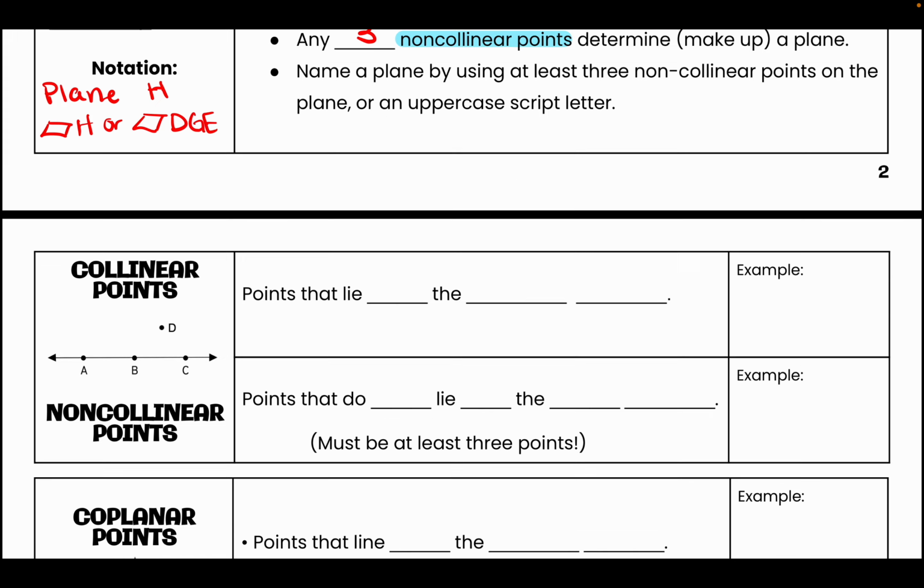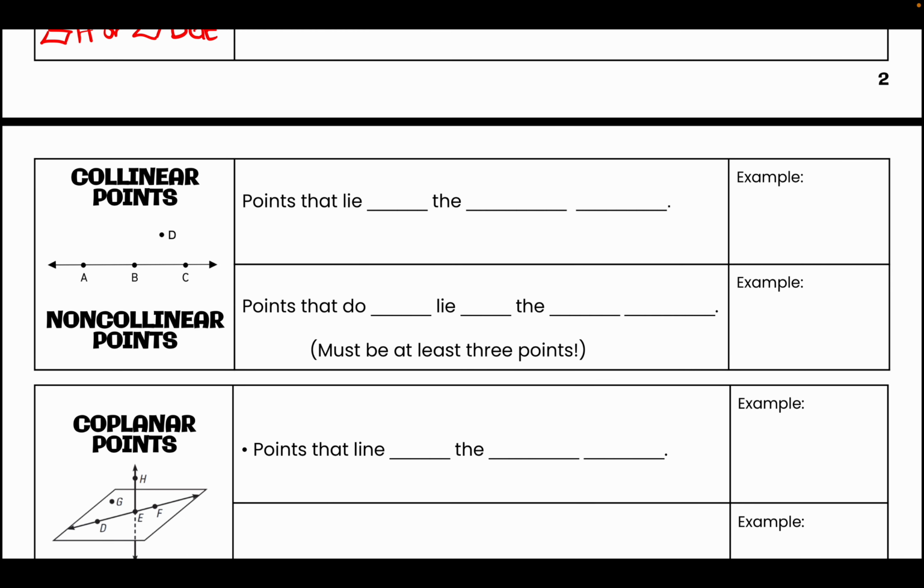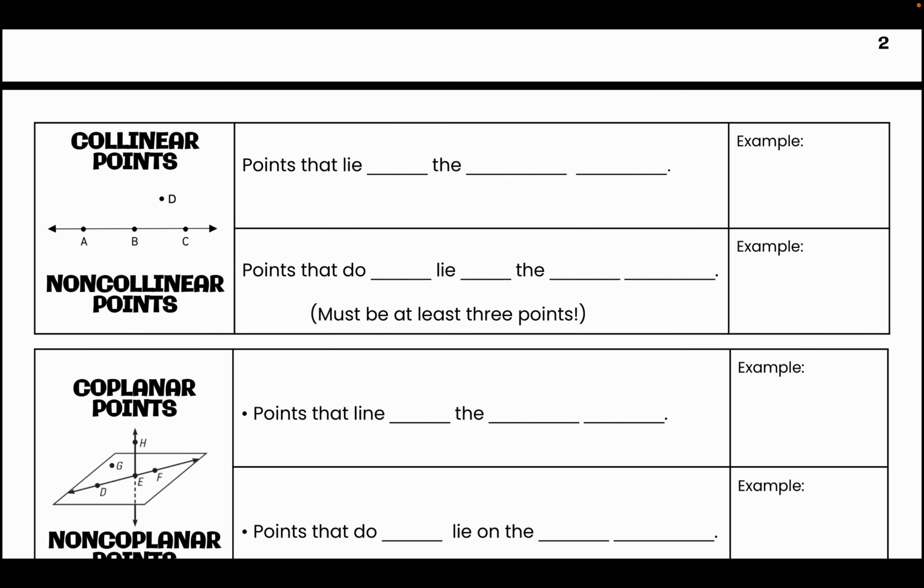Okay, so you might have heard me use the words collinear and non-collinear. So collinear points are points that lie on the same line. So an example in this picture are collinear points right there, all the points on the same line. So we have A, B, C are all collinear.